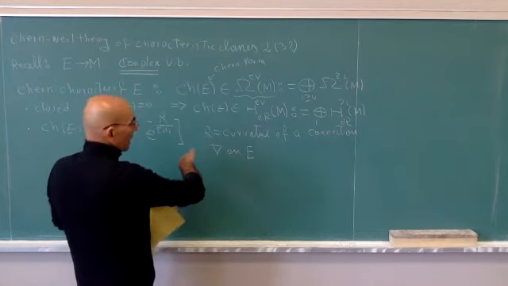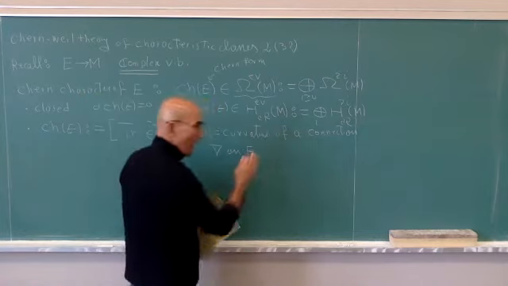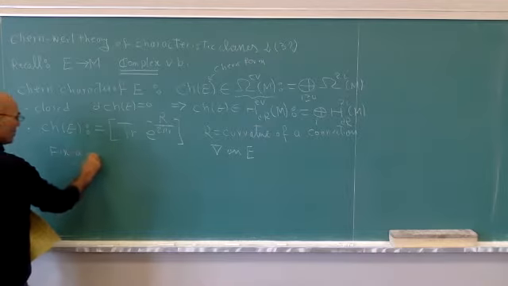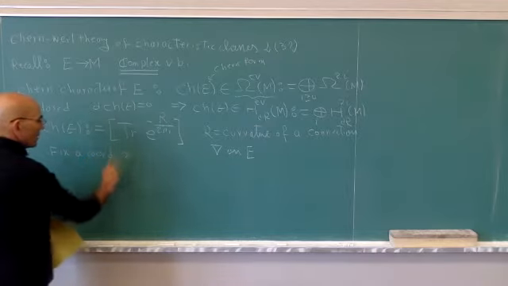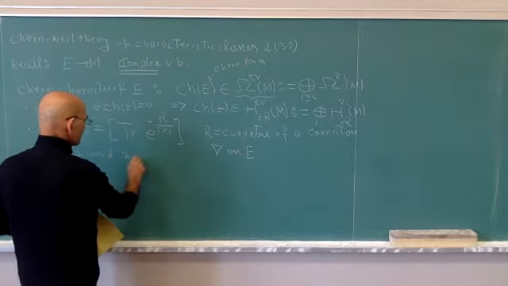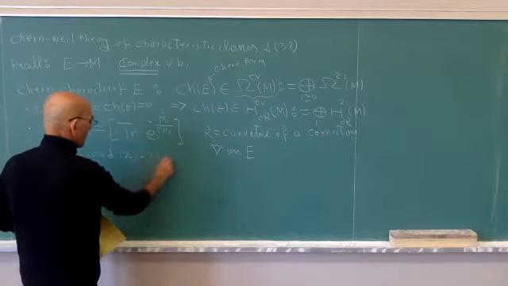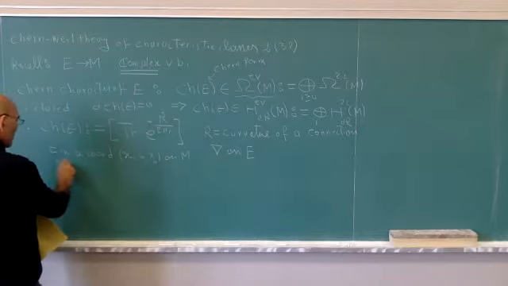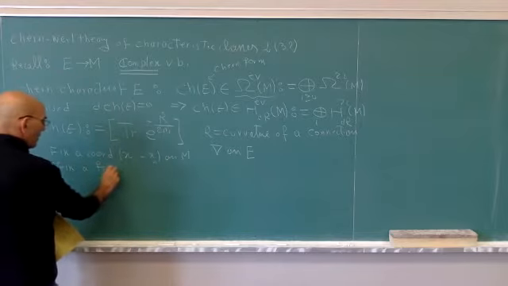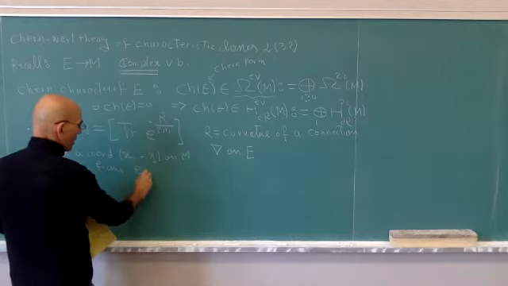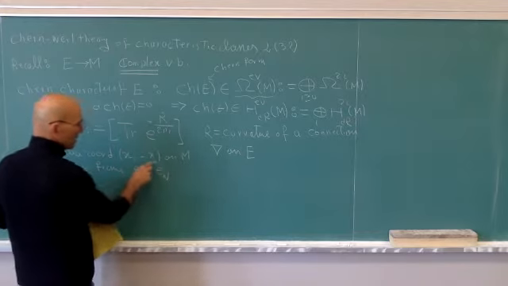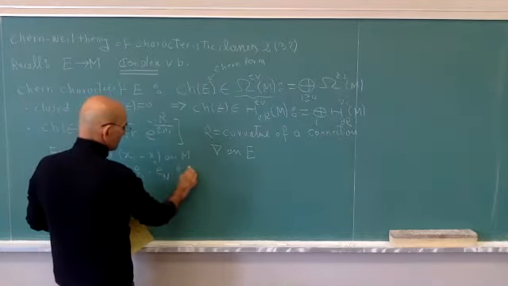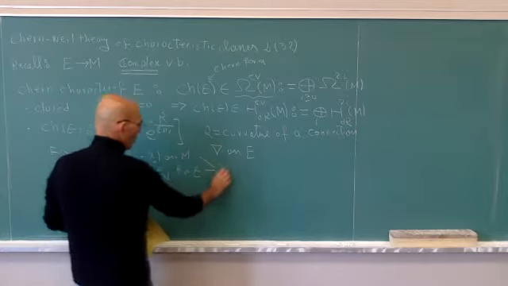But if you fix a coordinate chart on M and a frame on E, fix a coordinate chart like x_i, for example, on M locally, and you fix a frame like e_1 through e_n. Well, this n is the rank of the bundle E, both of them locally.